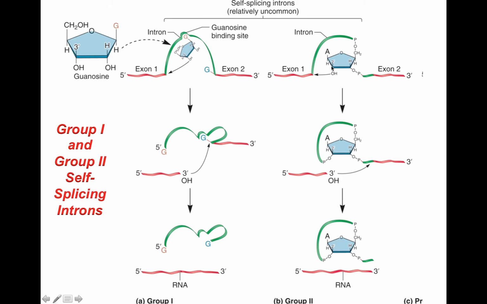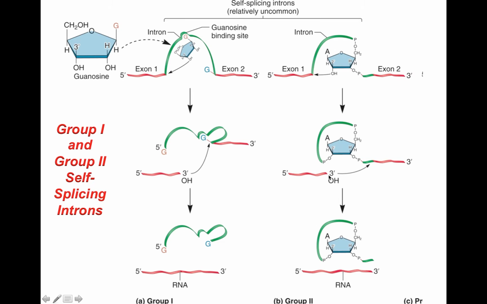Group 2 self-splicing introns have a mechanism that's very similar to the spliceosome, which we're going to see in the next slide. Group 2 introns use an internal adenosine residue, and the 2' carbon with that reactive hydroxyl group on it attacks the 5' splice site to form a circular structure within the intron.